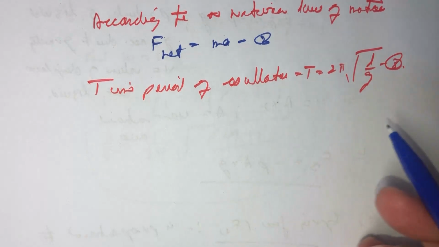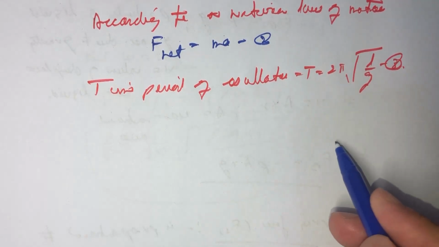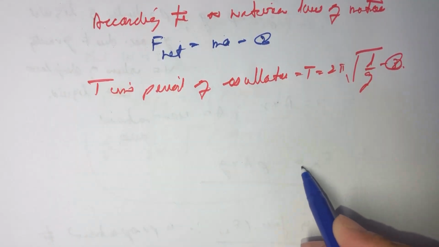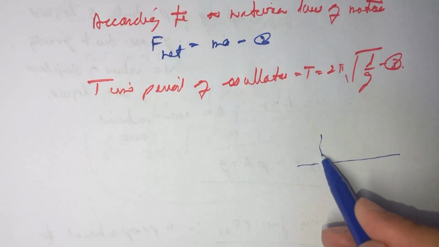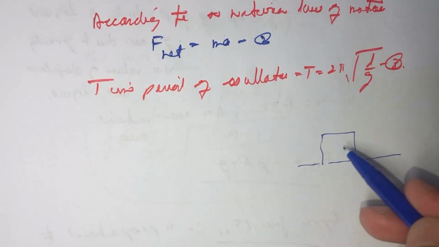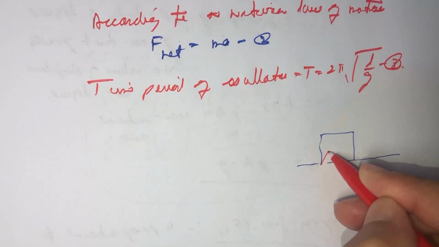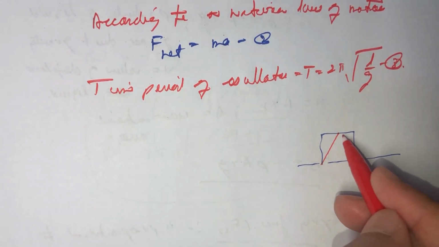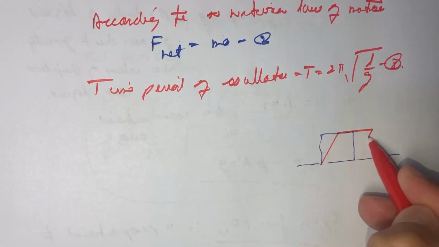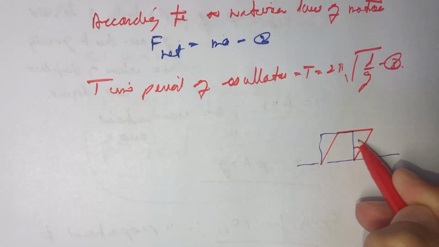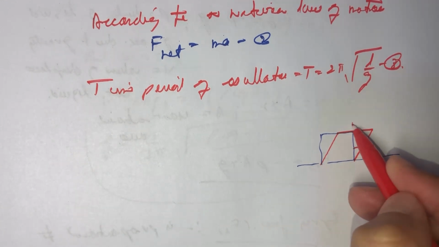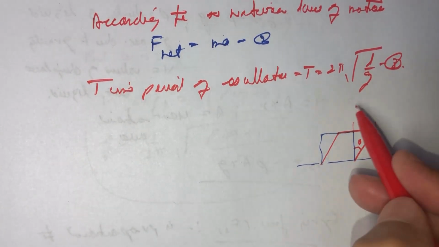So let me redraw this figure again here. This is the surface, original position, and it is being sheared by the applied force, something like this. This is angle theta, and we have this as our x.